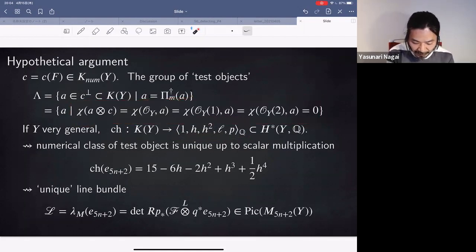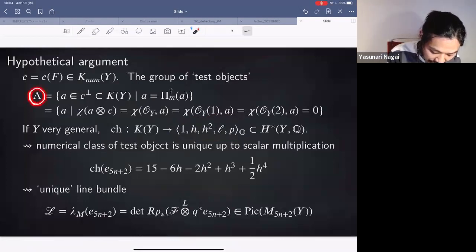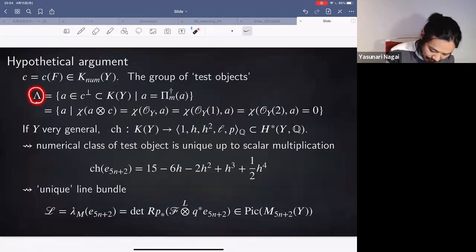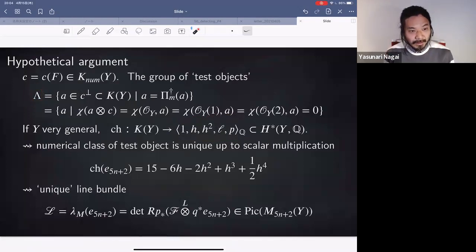These are linear conditions in A, where A is the variable, and the others are constants. So we have 4 linear conditions inside a basically five-dimensional vector space. So the image of this lattice, or subgroup lambda, is just one-dimensional. So the numerical class of a possible test object is unique up to scalar multiplication.